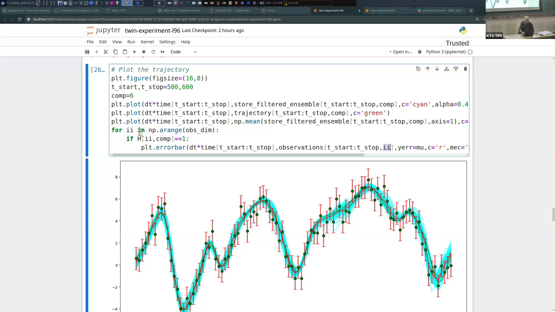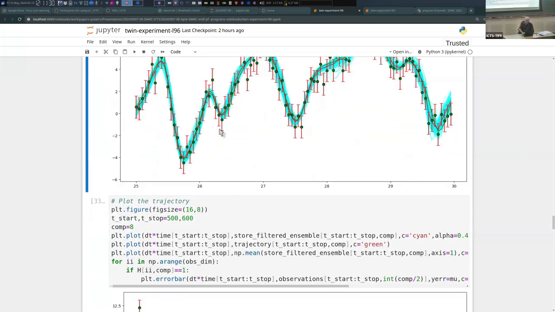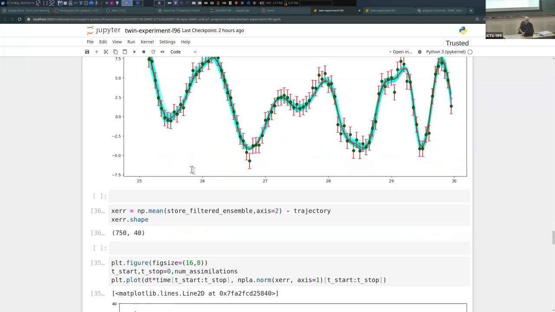Does it include these two lines of code? It does. Okay, so if you change this to II, then it will work fine. I'm pretty sure of that. So these are the observations. Now we can just plot the error.